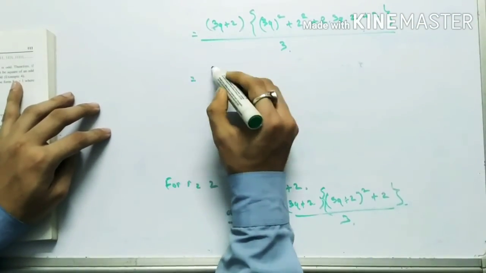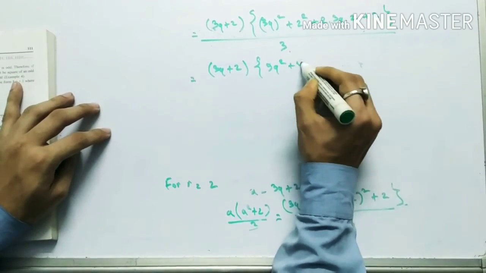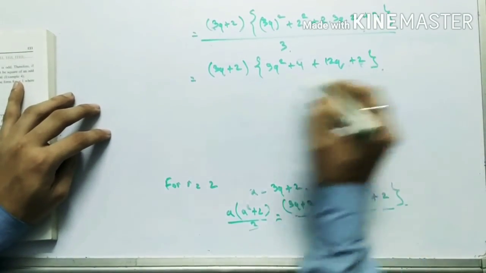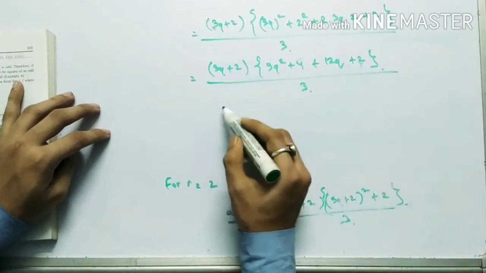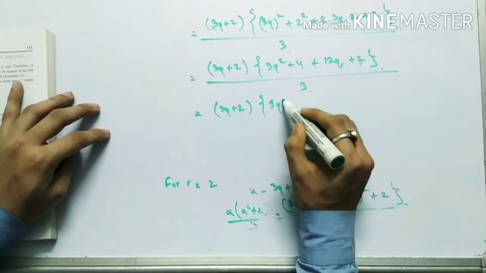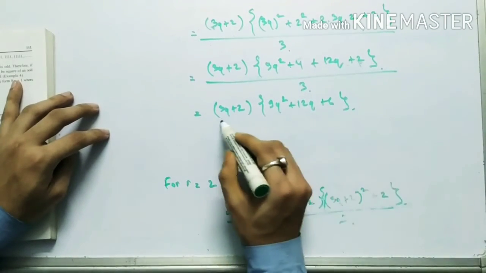So this is 3q plus 2 into 9q square plus 4 plus 12q plus 2, by 3, which is 3q plus 2 into 9q square plus 12q plus 6, by 3.